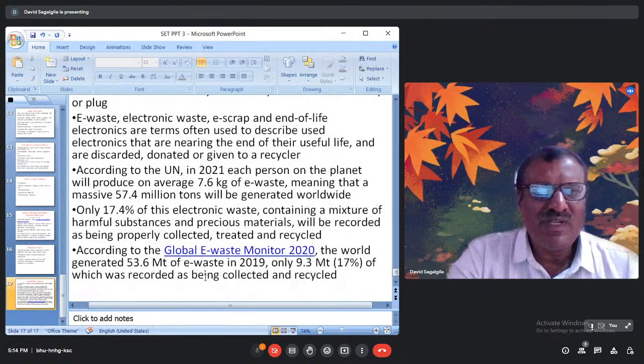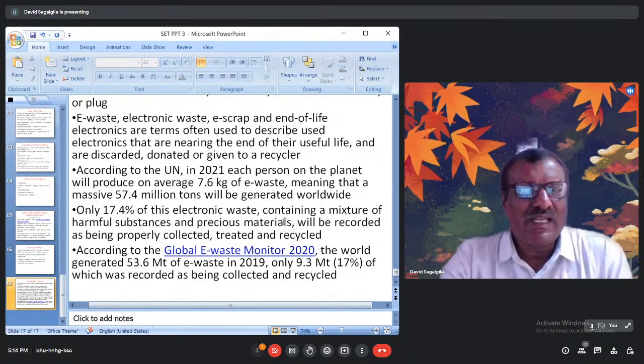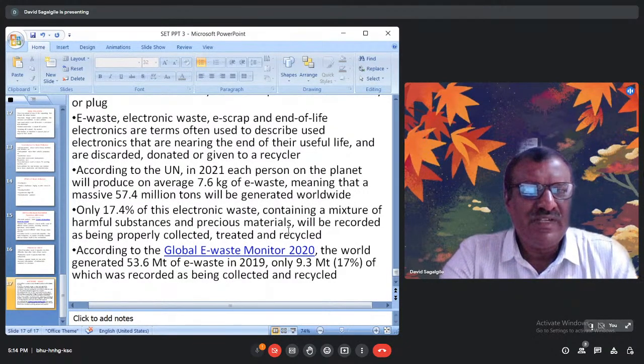It will cause a lot of pollution in the atmosphere, in the water, as well as the soil. Only 17.4% of this electronic waste can be treated and recycled.